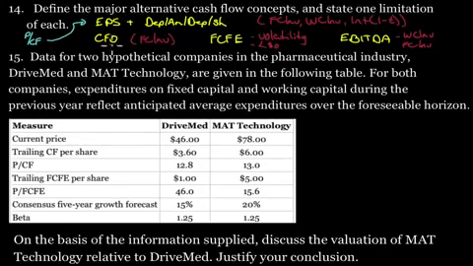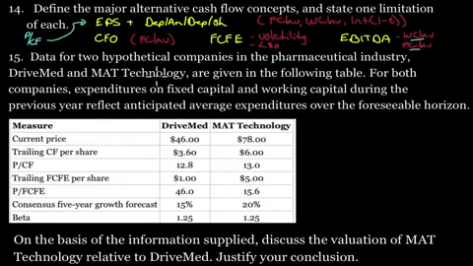The second definition was just straight old cash flow from operations. This ignores fixed capital investment. Next was free cash flow to equity. The limitation we said with that is that it's much more volatile than the other measures, and it can come in as less than zero. And then we said that EBITDA was another proxy for cash flow. This ignores both working capital investment and fixed capital investment.